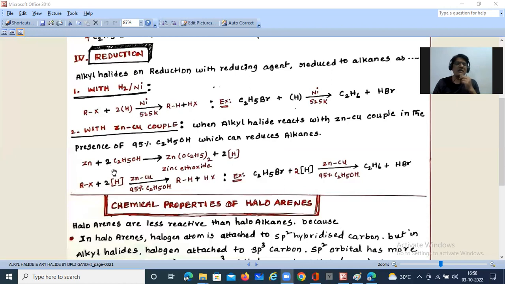Now this nascent hydrogen reacts with what? Alkyl halide. Here, how much percentage of alcohol should be taken? 95% alcohol can be taken, then alkyl halides are converted to alkane. See the live example. When C2H5Br is taken, C2H6 is obtained.